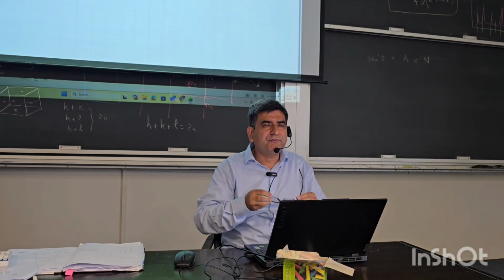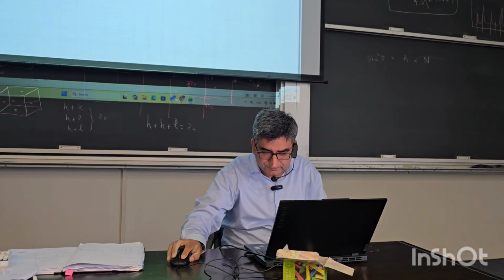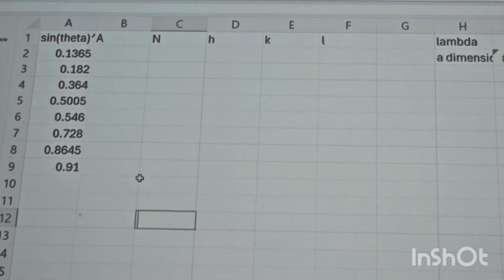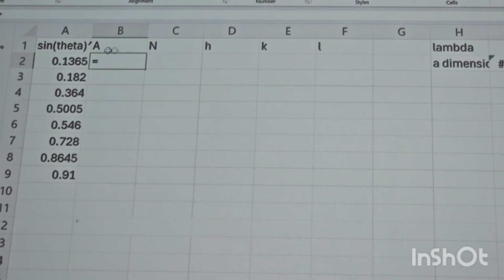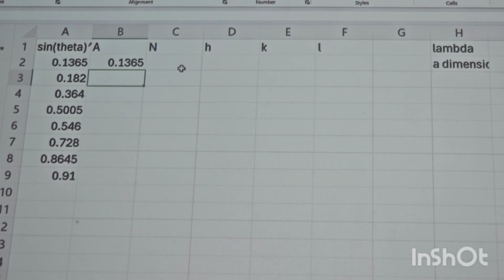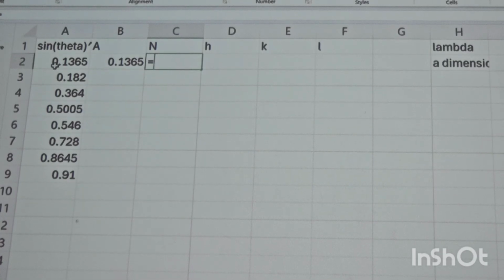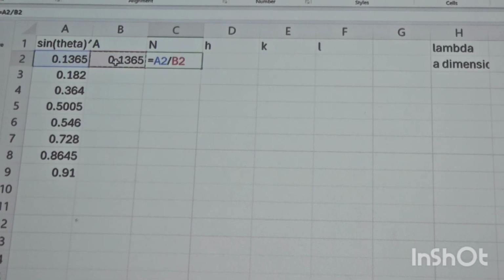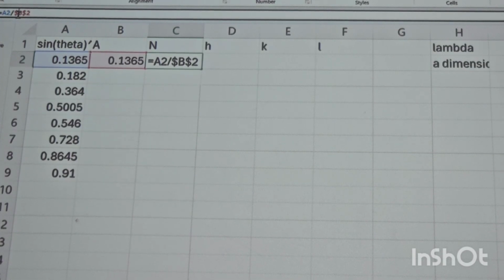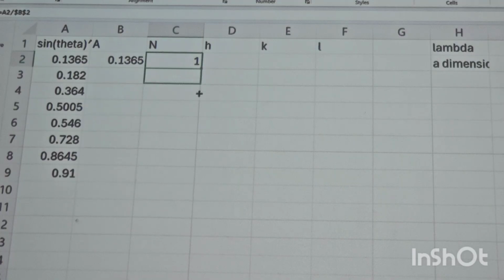So I want to find out capital A. My test for A is: I take all of the sine square thetas sorted in ascending order, that's important. I take my first sine square theta and divide by 1, and then divide by my proposed value of A, and repeat, and see if I get integers.